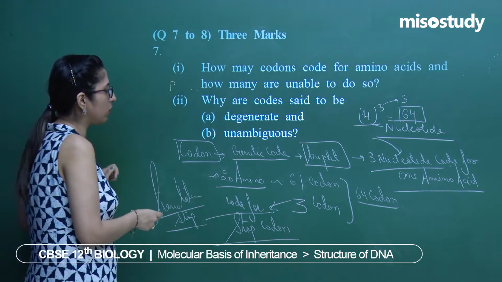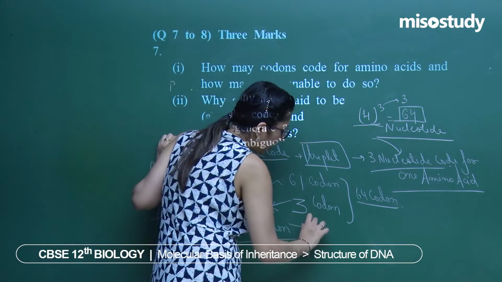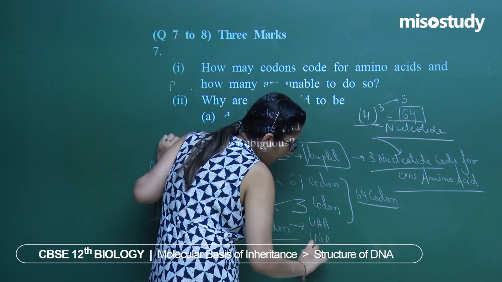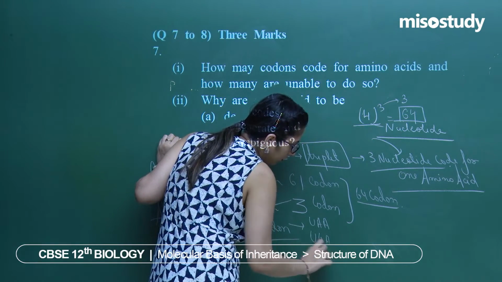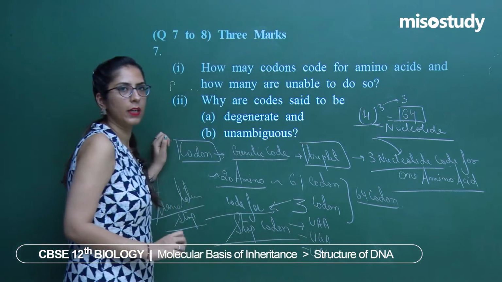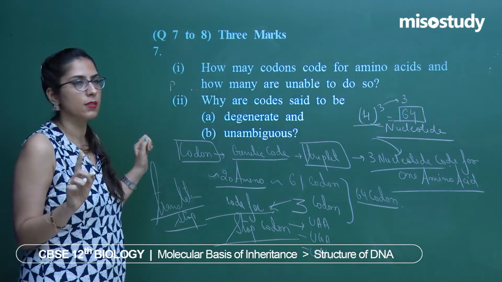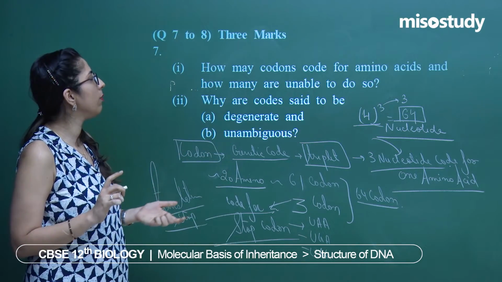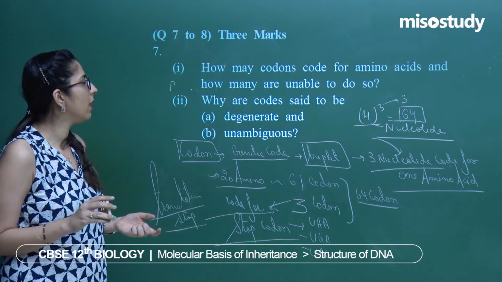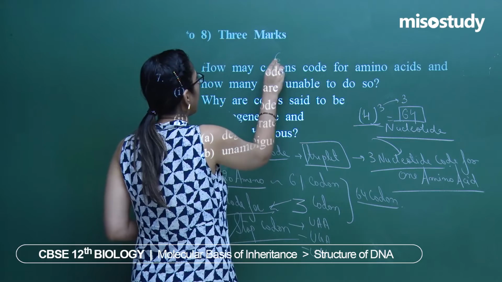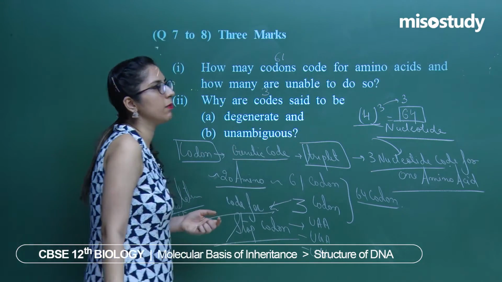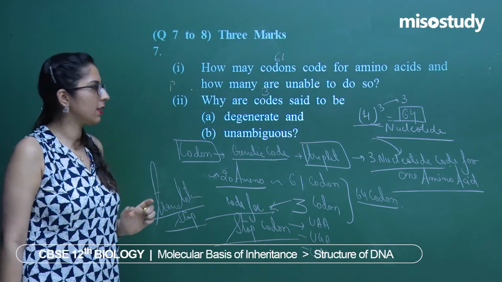What are these 3 codons? These are UAA, UGA and UAG. They do not code for any amino acids, so these are called stop codons. So the question says how many codons are there for amino acids? There are around 61 codons for amino acids, out of which the 3 are unable to do so. So this is the correct answer.